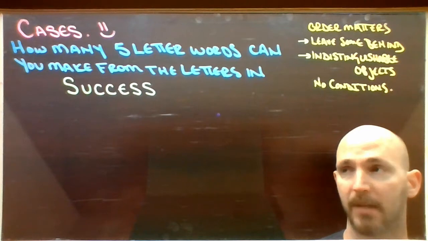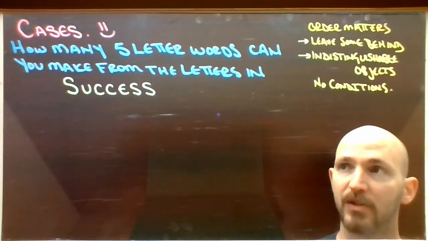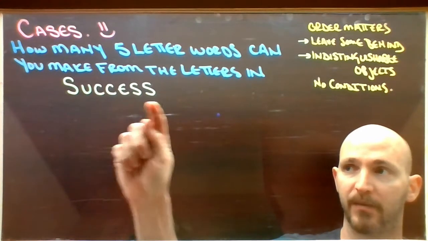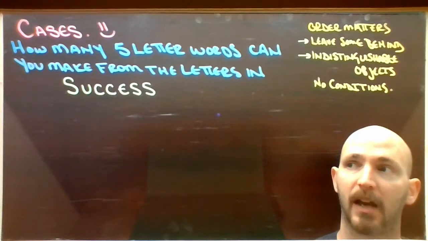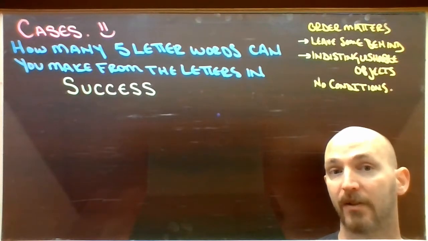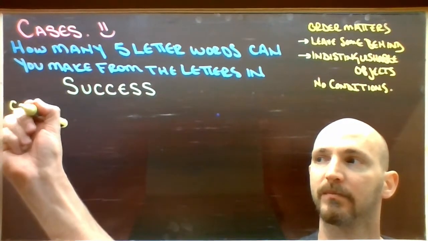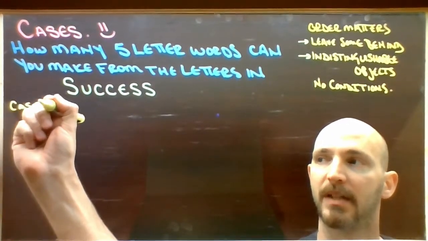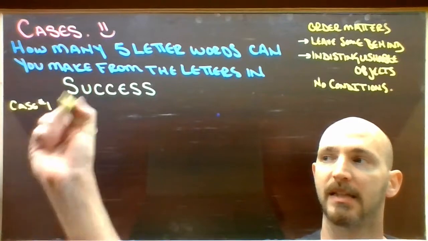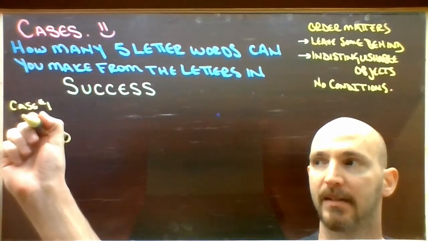To show you what I mean, if I were to do a 5-letter word out of these letters, I'm going to have to leave 2 letters out. So the first case, number 1, that I'm going to consider is that you leave out 2 S's.